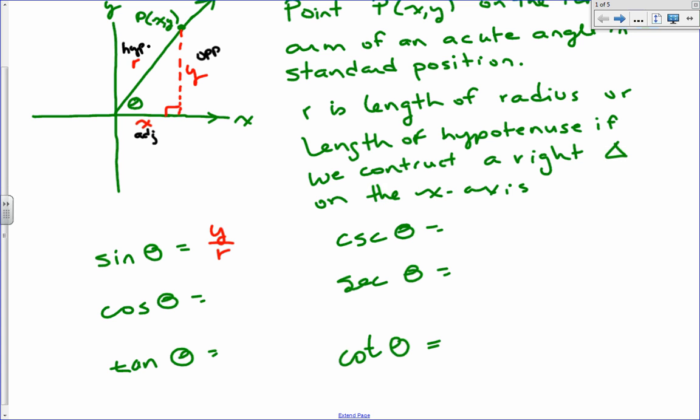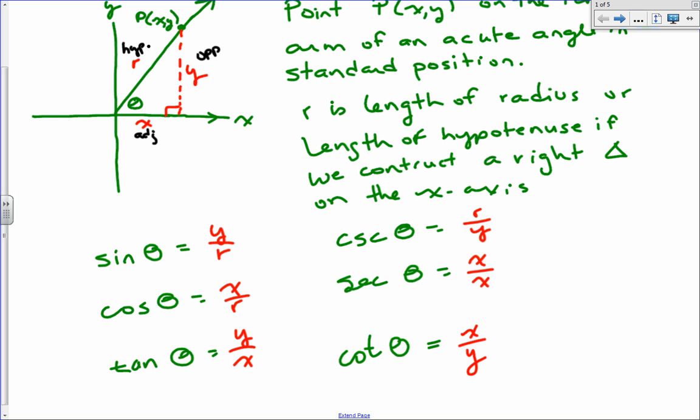Likewise, cosine then will be x over r, and tangent, opposite over adjacent, will be y over x. And then our reciprocal ratios will be the reciprocals, so r over y, r over x, and x over y.